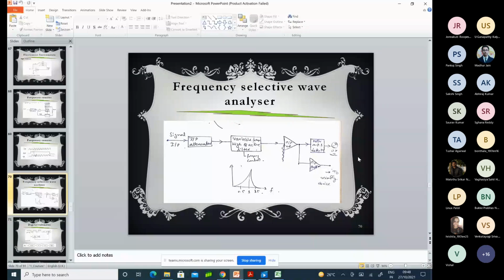So you need to know the frequency domain representation. You can do it either by knowing the time domain signal or its discrete values and then doing the Fourier transform or fast Fourier transform, or we have an instrument readily available in the market which you can buy, and you plug the input signal in.